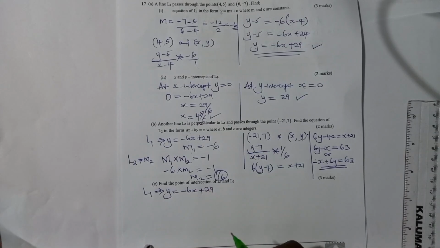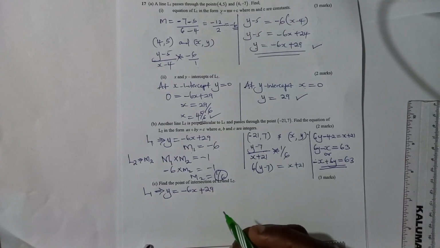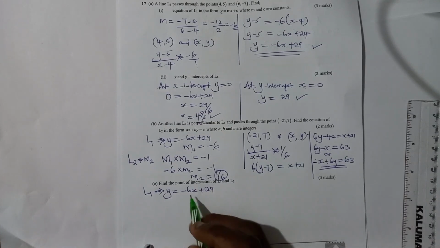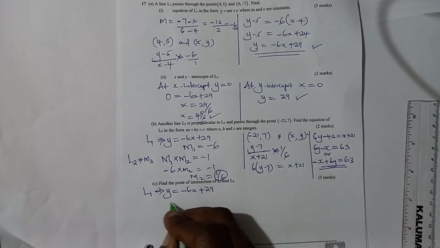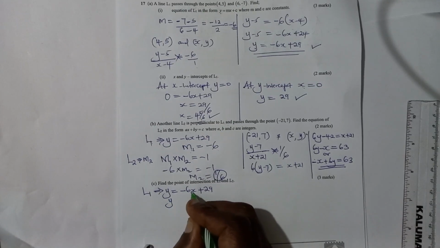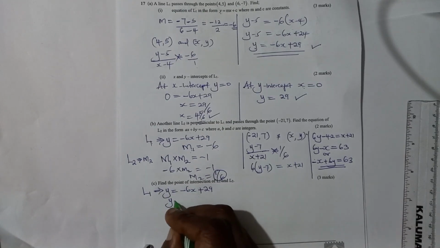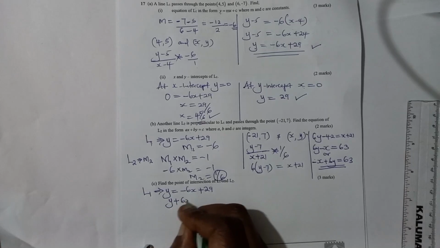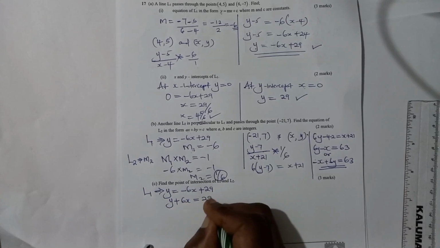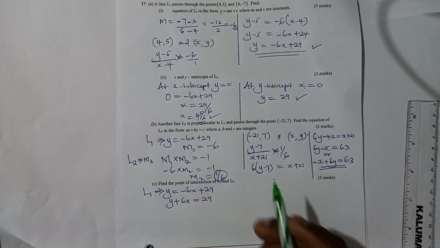We can reorganize this one for ease of working, and bring negative 6x to the left hand side, so I'll have y plus 6x is equal to 29. And then L2.